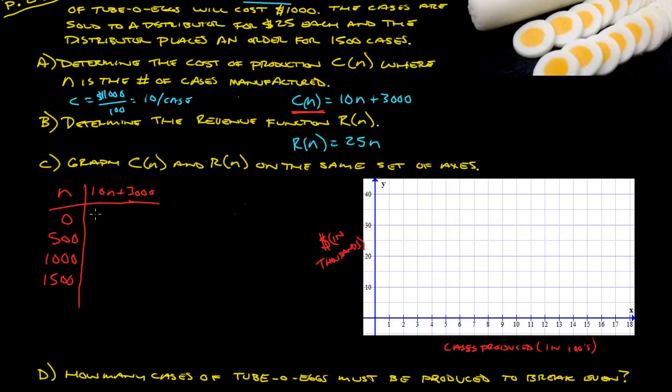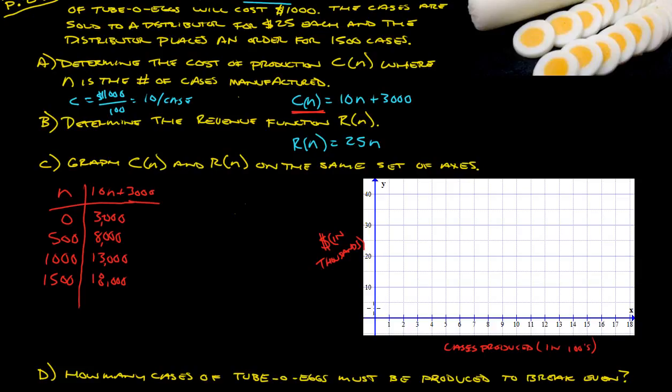You plug in the 0, and that gives us 0 plus 3,000 is 3,000. 10 times 5 is 5,000 plus another 3,000 gives us 8,000. 10 times 1,000 is 10,000 plus 3,000 is 13,000. And then 15 times 10 is 15,000 plus 3,000 is 18,000. Now we have 4 pieces of data that we can graph.